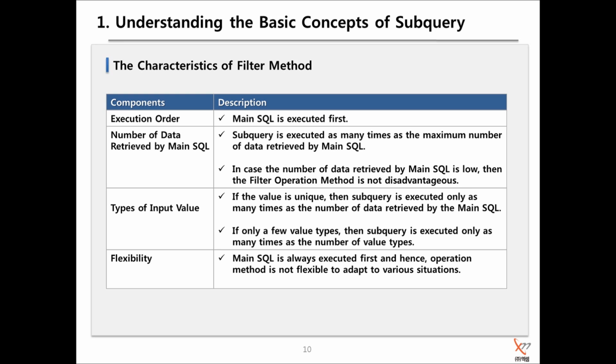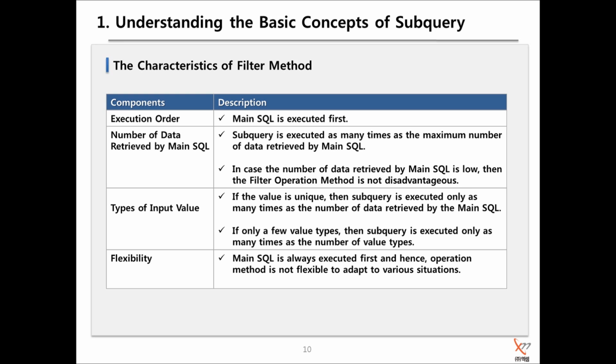If the row numbers returned by the main SQL is small, then the filter operation method can be very effective. If the input value is unique, then the subquery is executed only as many times as the number of rows returned by the main SQL. If the input value has only a few value types, then the subquery is executed only as many times as the number of value types.